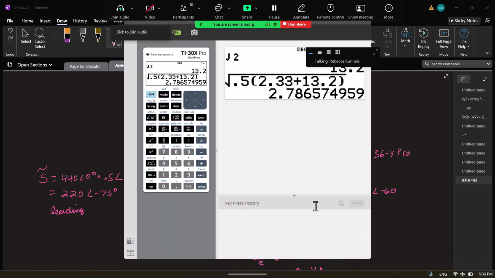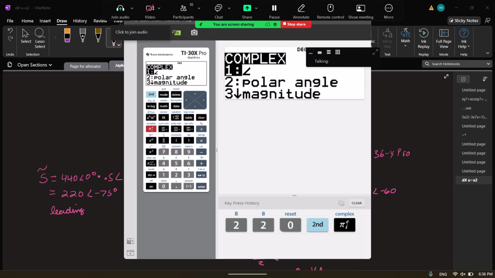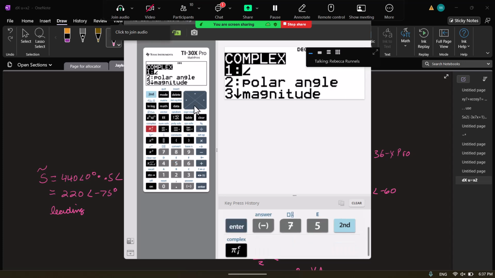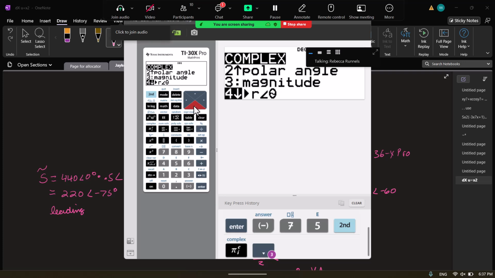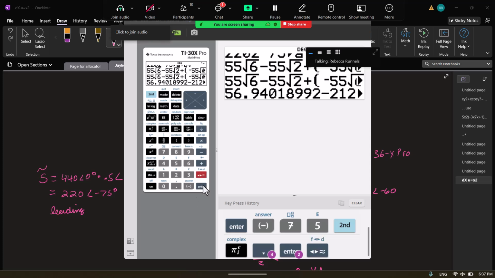So if I take 220 angle, what did I just get? Negative 75. And I change that to rectangular. And I get 56.9 minus j212.